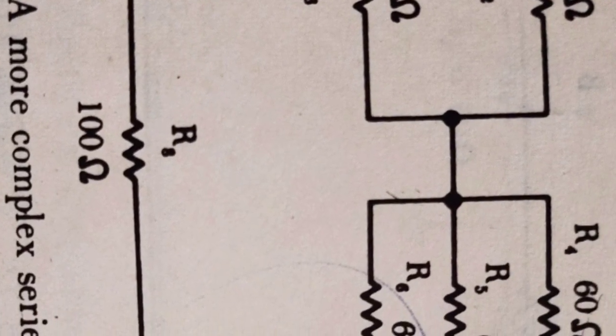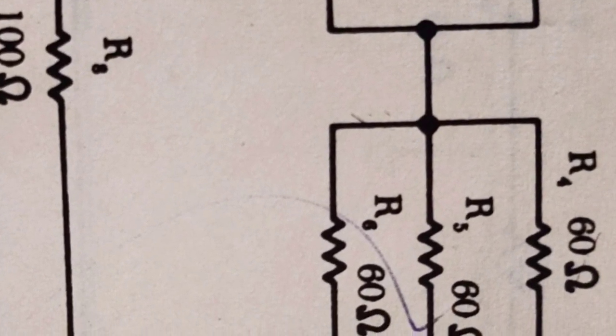Now the figure which I am giving you contains a more complex series parallel circuit. The first step in simplifying the circuit is to reduce each group of parallel resistors to a single equivalent resistor. The first group is the parallel combination of R2 and R3.